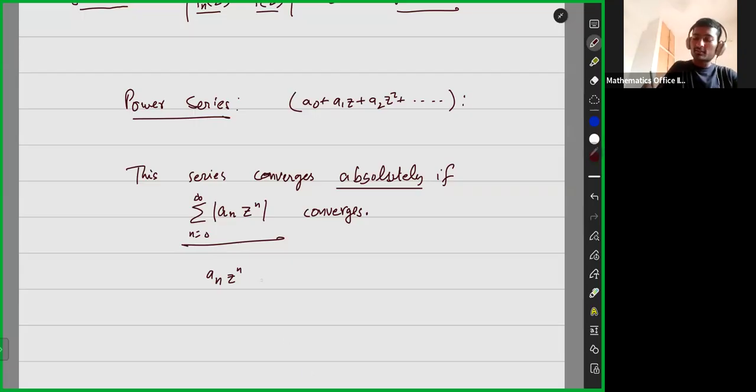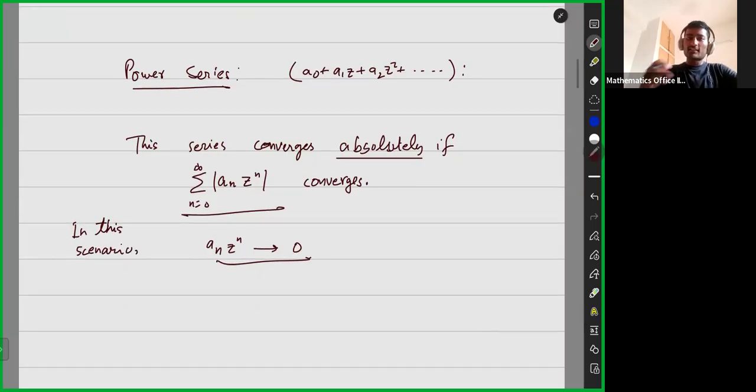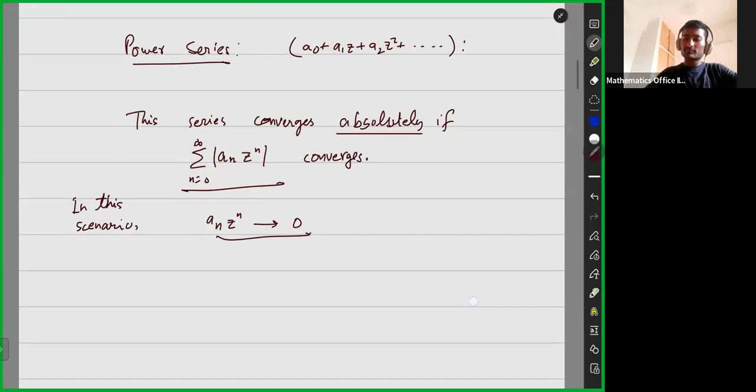It happens that in this scenario it converges to zero. It's just like the real number case.